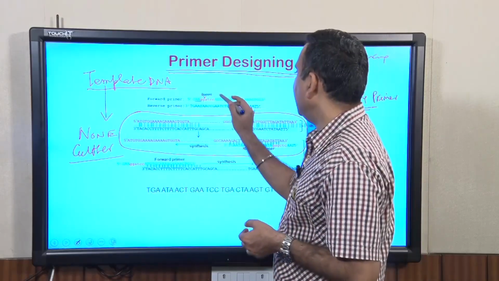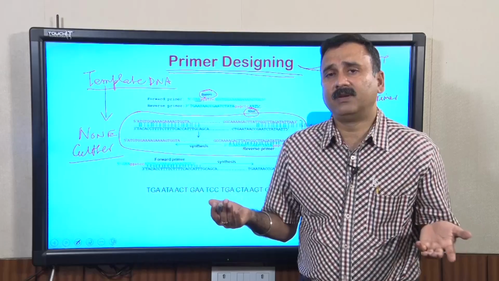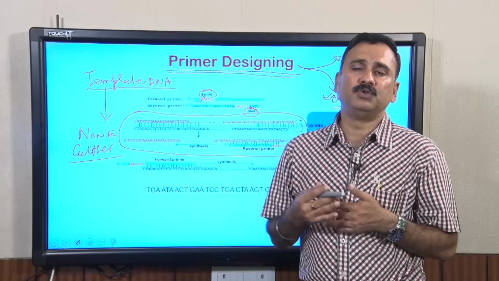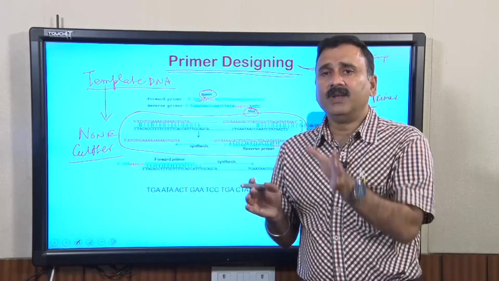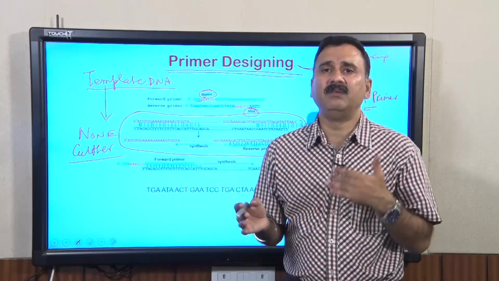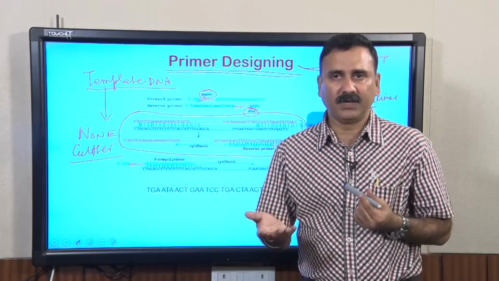For example, in this case we have 2 enzymes, one called BamHI and the other called XhoI. We have decided that we will put BamHI in the forward primer and XhoI in the reverse primer. Which enzyme you use for the forward primer and which for the reverse primer depends on the sequence in which these enzymes are placed in the plasmid or vector.